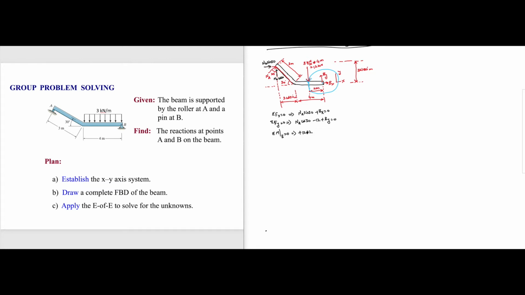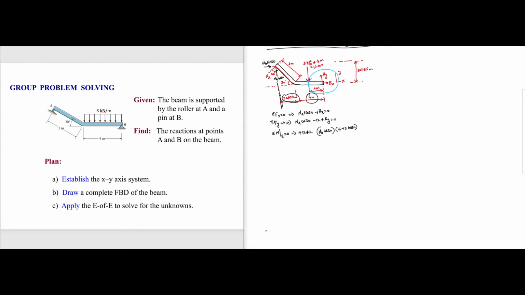Next we have NA cos 30 and NA sin 30. Let's deal with NA cos 30 times what is the distance? The distance is 4 plus 3 cos 30, right?